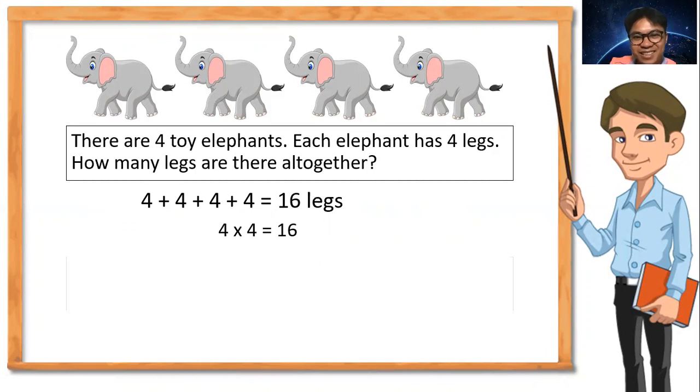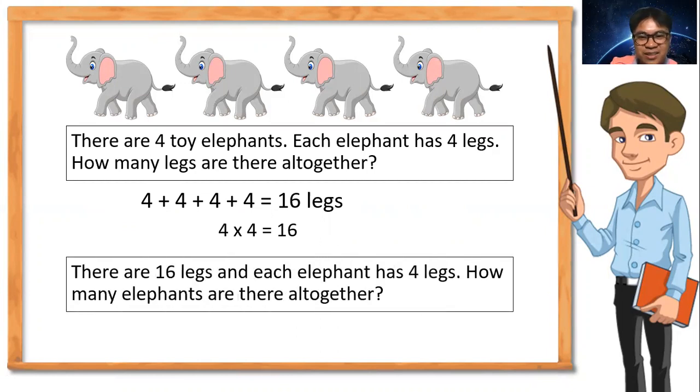Okay. And if the problem is like this, there are 16 legs, and each elephant has 4 legs. Question: how many elephants are there altogether?